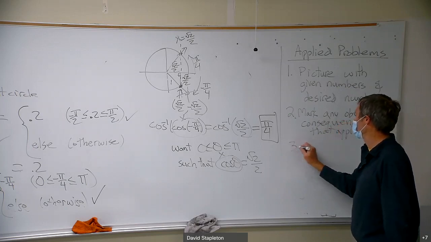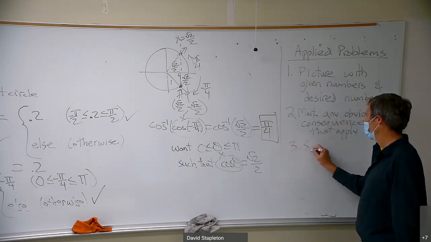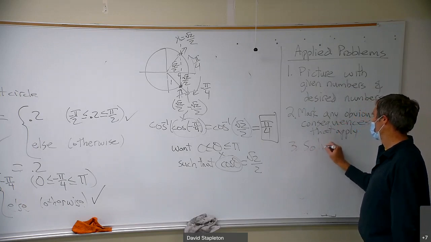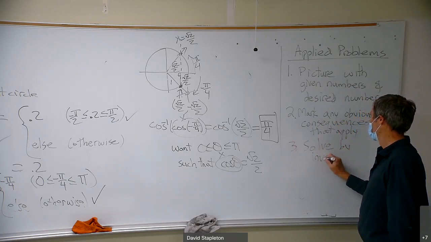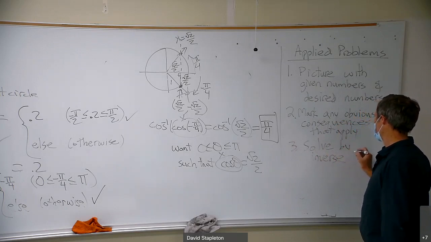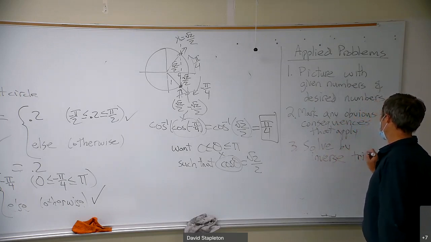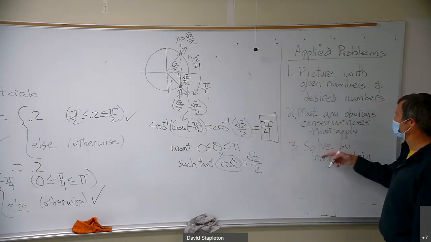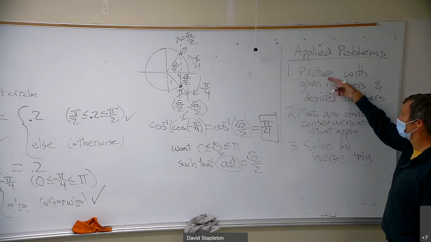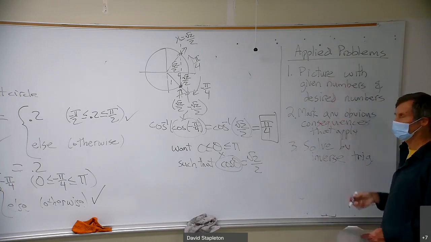Then third, hopefully you get a problem that you can write as an equation. You solve these by inverse trig. Other sections will be solved by some other method. But in this section, it sets up an inverse trig problem, just one of these methods we already did. So it's the same things we already did, but first you have to draw the picture and mark any additional consequences.